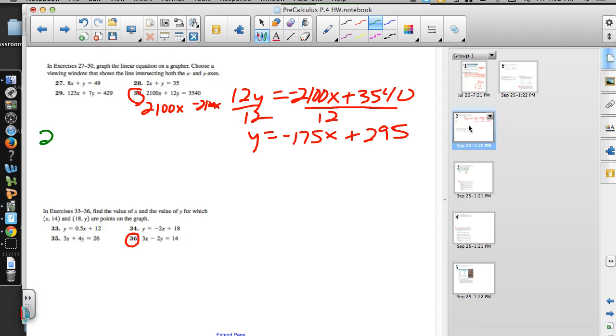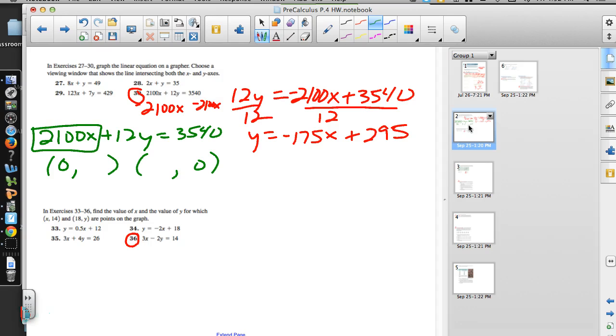Well, for that, I would go back to the original and find my zeros. This is the one that I was talking about as the thumb method. And that's because the first thing that we would do is if we put a 0 in for x, this term would be gone. And so we would just need to figure out 3,540 divided by 12. Well, if that feels like deja vu, it's because we just did that, because that is the y-intercept.